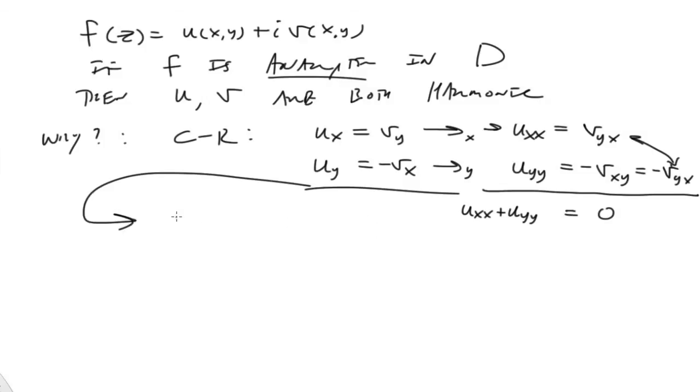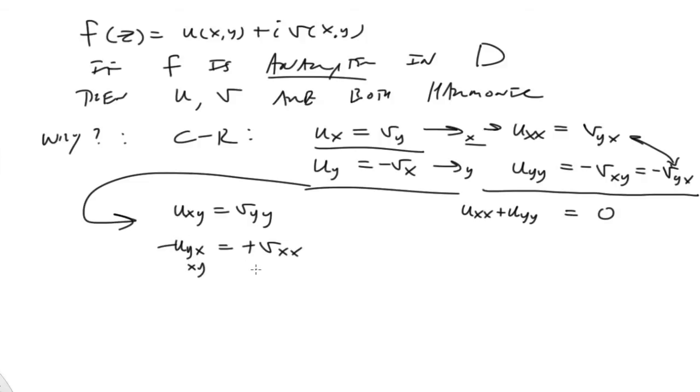Let's do it here. So now I'm going to do the same thing. Uxy is equal to Vyy. So now I'm taking this top row here, and I'm taking its y partial derivative instead of the x. And the same thing here, Uyx is equal to negative Vxx. And again, through what we call Clairaut's theorem in multivariate calculus, I can always exchange these derivatives.